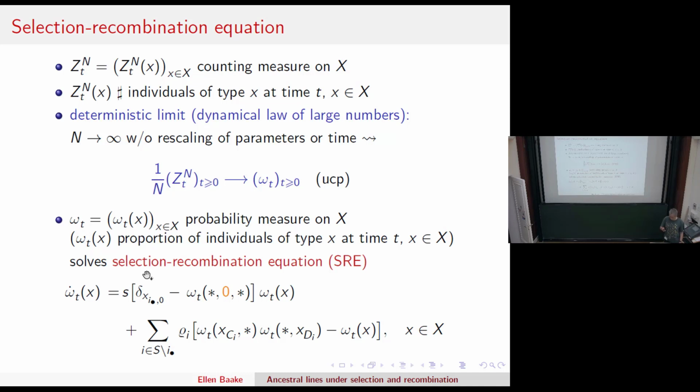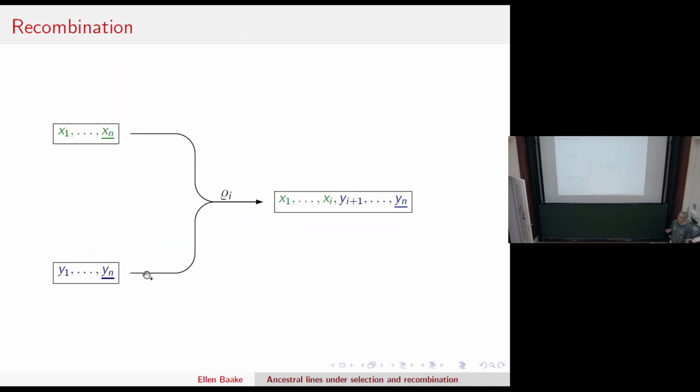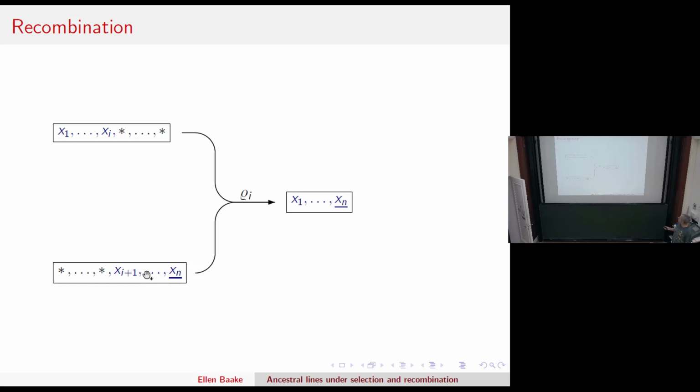Okay, and then next comes the recombination part. To explain that, let me go back to the recombination picture and rewrite it in a marginalized form. So this way you see that recombination at site I gives you an x whenever the first parent agrees with x at the sites in the head, and the second parent agrees with x at the sites in the tail, and all the other sites don't matter because they are thrown away.